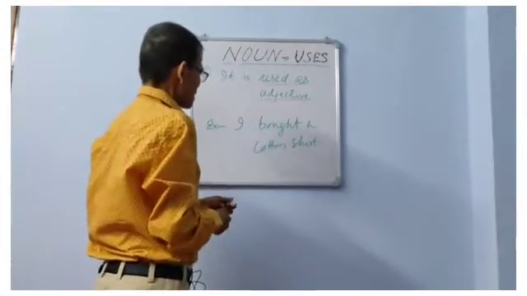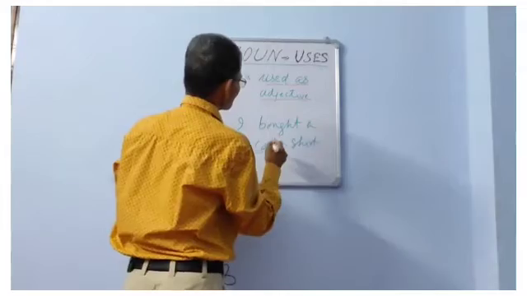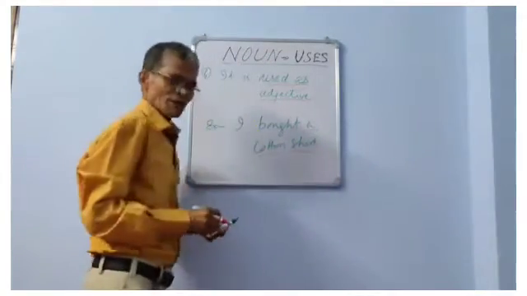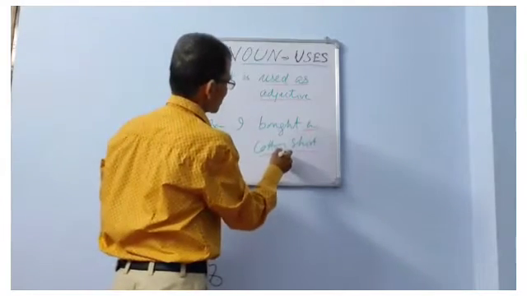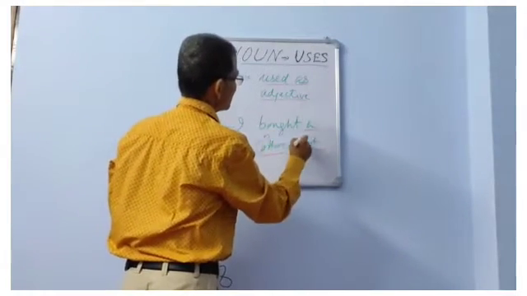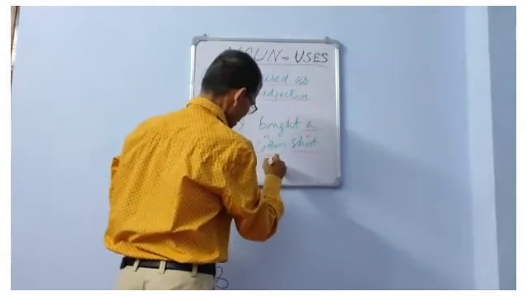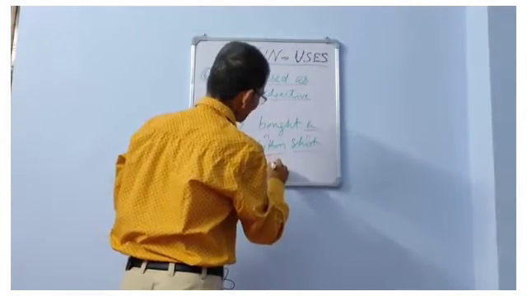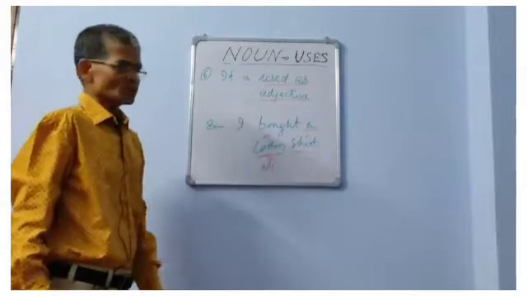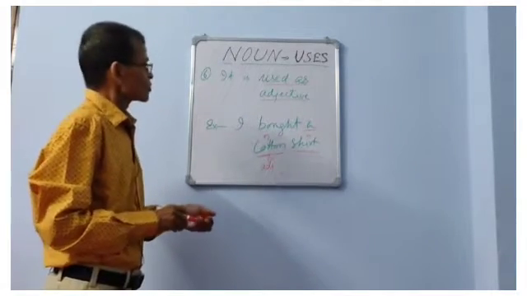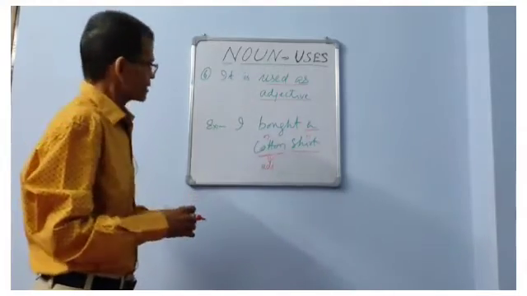You see here we have a cotton shirt as the object, and here cotton is a noun and shirt is also a noun, but here this cotton is used as an adjective. So sometimes we can also use nouns as adjectives.